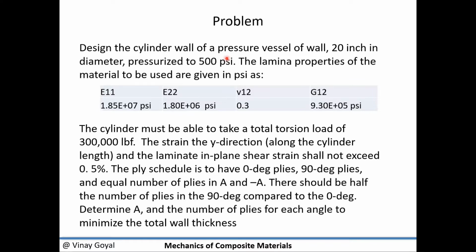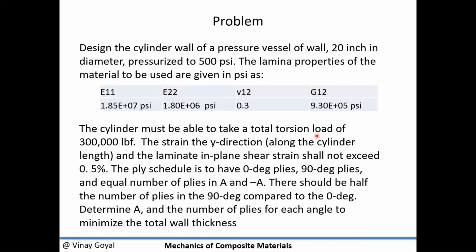P times R divided by 2 in the axial direction. And then in the hoop direction, NYY is going to be P times R alone. And that will give you NXX and NXY. Now, it may be confusing to you that we are discussing the NXX to be P times R divided by 2 and NYY to be P times R, but you have to realize that the stress in the longitudinal direction is P times R divided by twice the thickness.